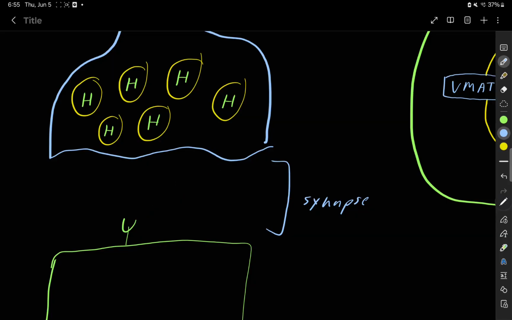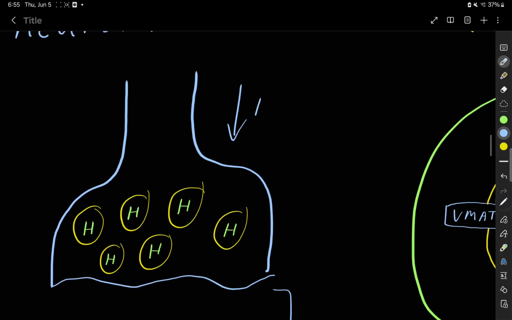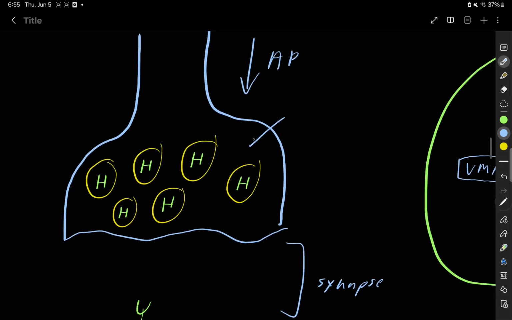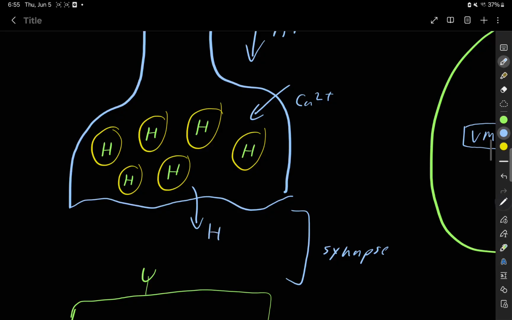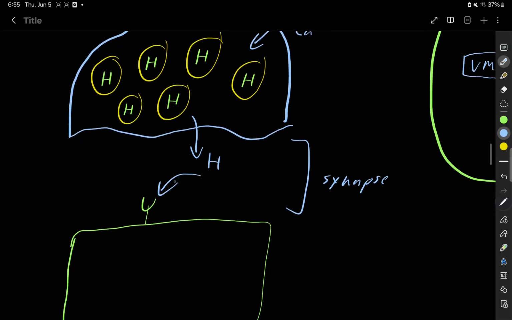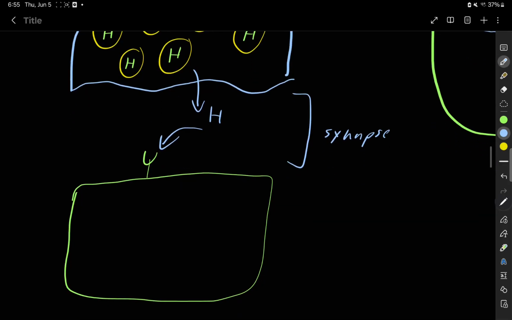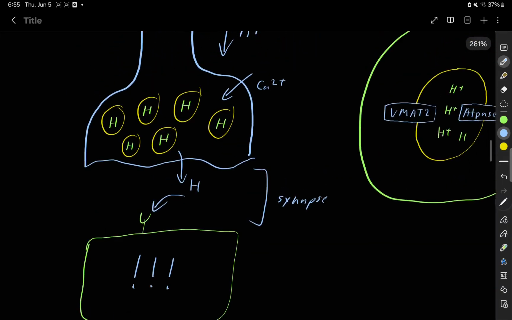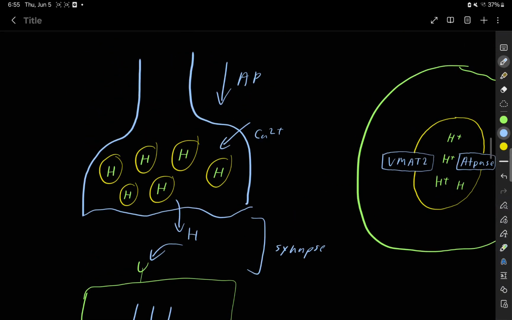So action potentials travel down your neuron, cause the influx of calcium, and then your release process happens, which releases histamine out into your synapse, and then it can go onto various receptors on either other neurons or other effector organs and produce responses inside that neuron or inside that effector organ. That's release in neurons. Now let's look at the release process inside mast cells.